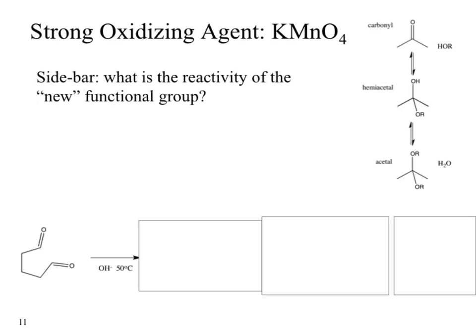So as long as we're under this heat reaction and we have the hydroxide as a nucleophile, we can react the hydroxide with this, and we end up with this system. Let's ignore the protonation states for the moment.